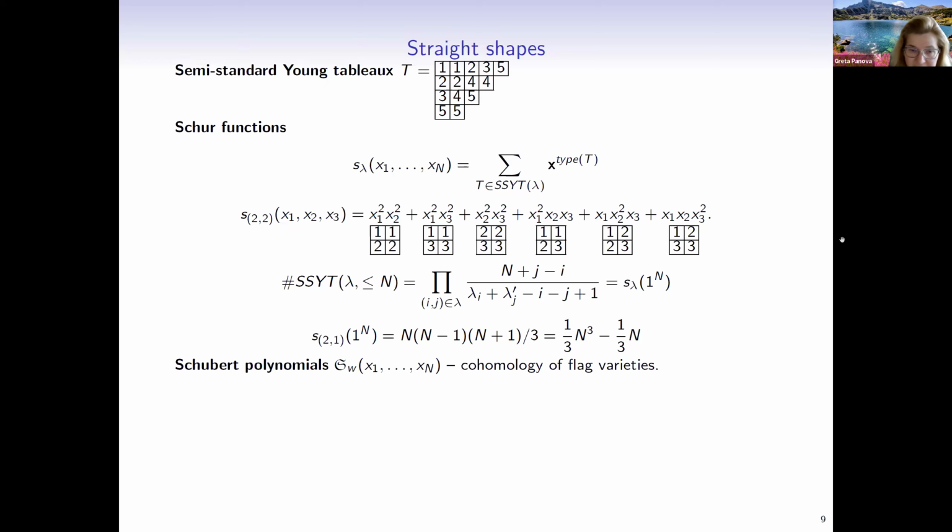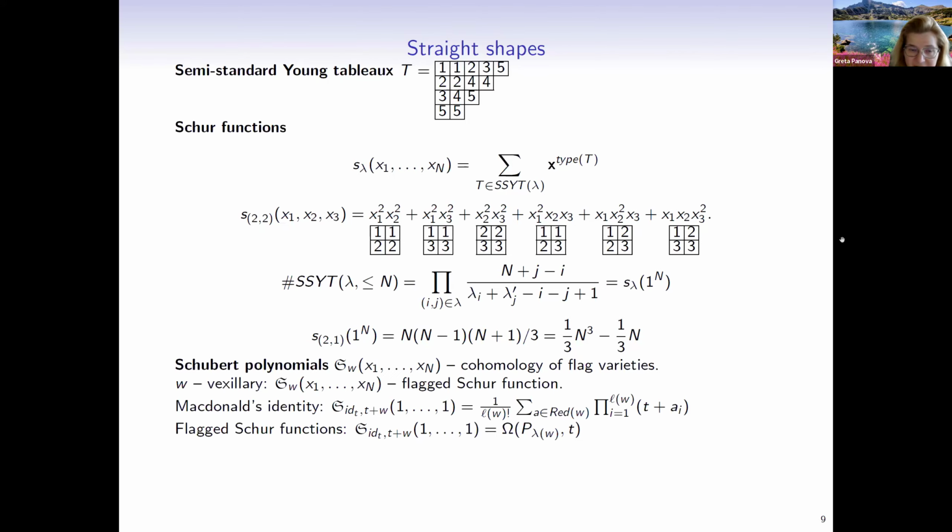I'm not going to define them fully here, but there is a special case when W is a vexillary permutation, meaning it avoids a certain pattern, the 2, 1, 4, 3 pattern to be precise. Then the Schubert polynomial is what's called the flagged Schur function. It's a certain type of generalization of this thing here.